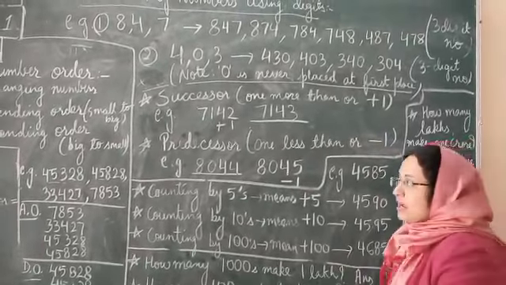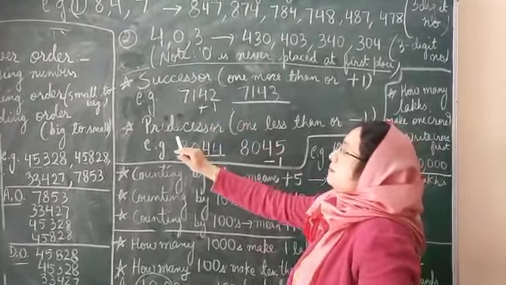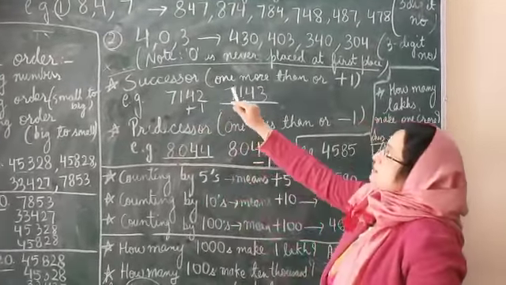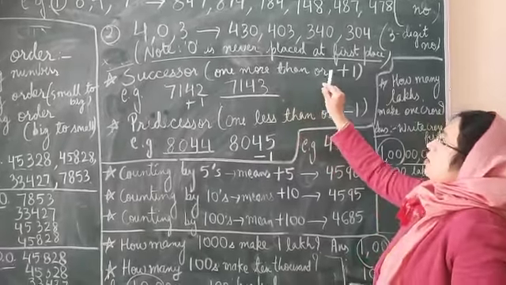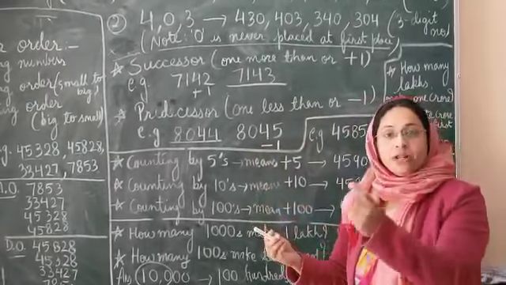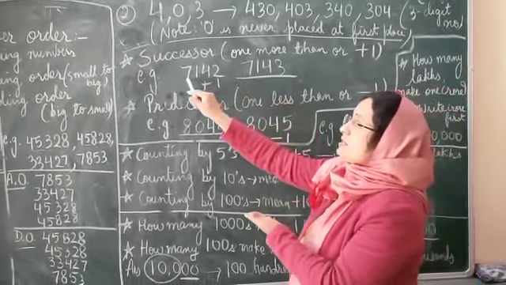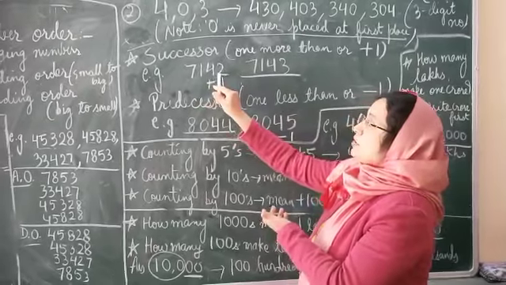Right? Moving ahead with some other facts here. Successor and predecessor. Successor is one more than, or plus 1. That means how to get a successor? To a number, if we add 1, then we get a successor. For example, this number 7142.